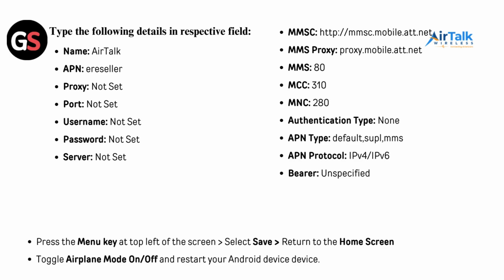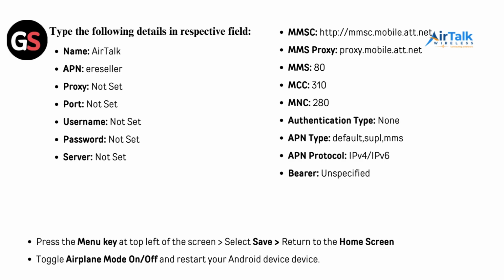Type the following details in the respective fields: name AirTalk, APN AirSeller, proxy not set, port not set, username not set, password not set, server not set, MMSC http://mmsc.mobile.att.net, MMS proxy proxy.mobile.att.net, MMS port 80, MCC 310, MNC 280, authentication type none, APN type default,supl,mms, APN protocol IPv4/IPv6, bearer unspecified.